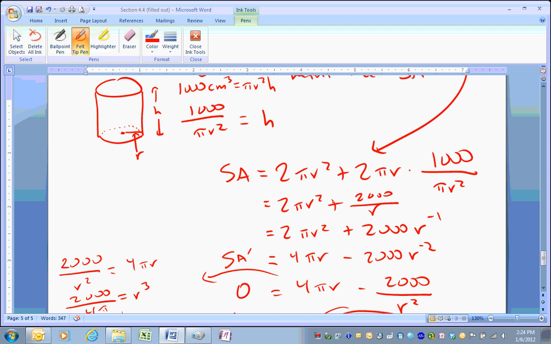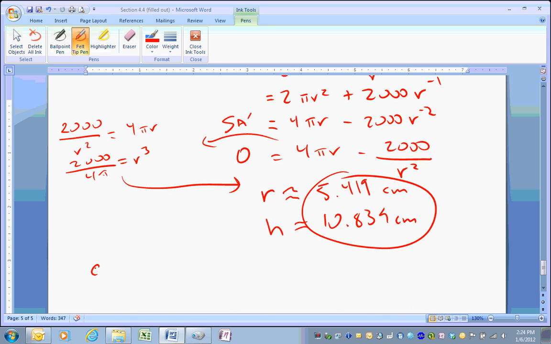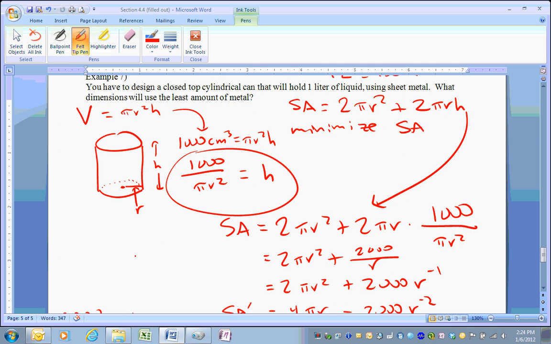Okay, let me finish. Getting h should be easy. You can plug back into here to solve for h and get all the dimensions. Be careful when you do 2000 over 4 pi: you can reduce it to 500 over pi, or do 2000 divided by parentheses 4 pi, then cube root. The domain for the radius is still 0 to infinity because it's an open interval.